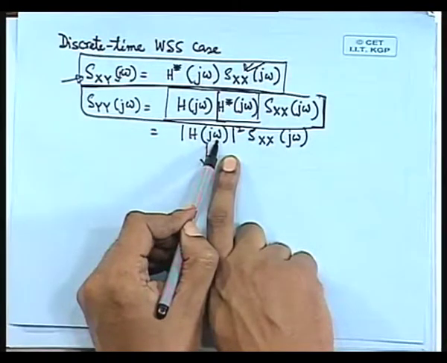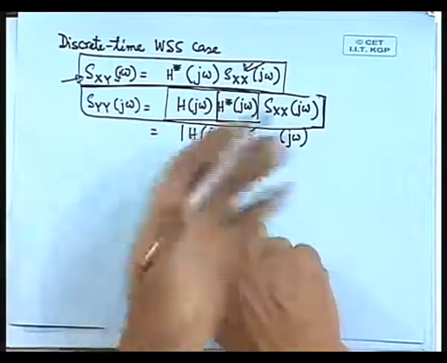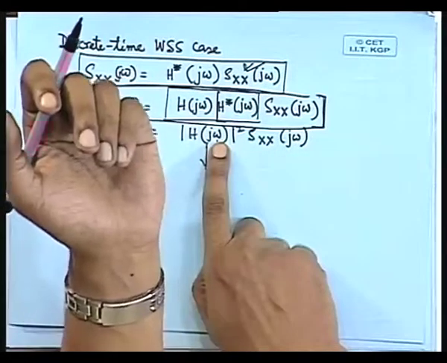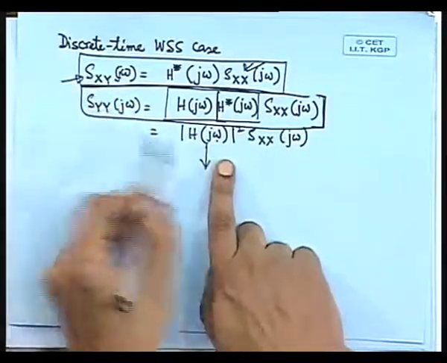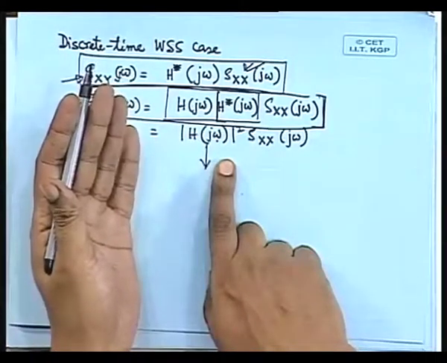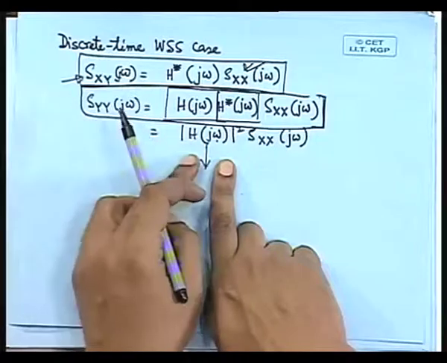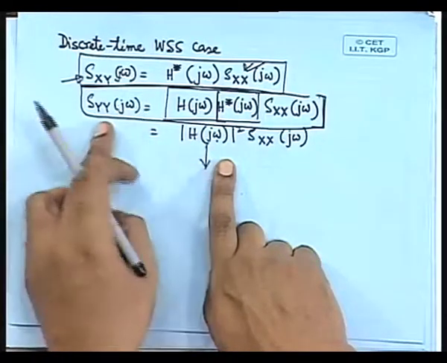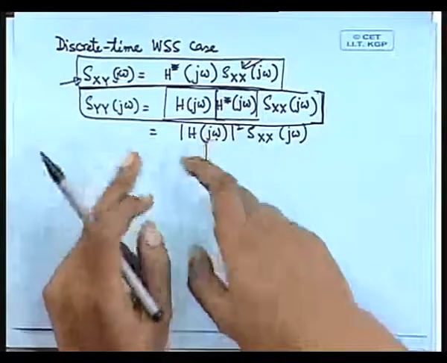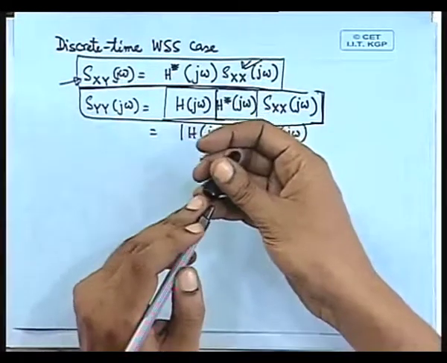So at high frequencies this magnitude is going to be low, and at low frequencies this magnitude will probably approach 1, or if you have an amplifier it may be even more than 1. So this means that for our low pass filter, intuition is satisfied by this formula. So at low frequencies this is going to have a lot of power, and at high frequencies it is going to have a smaller amount of power.